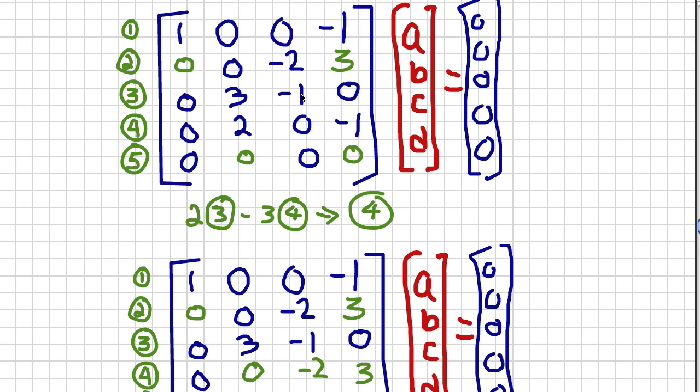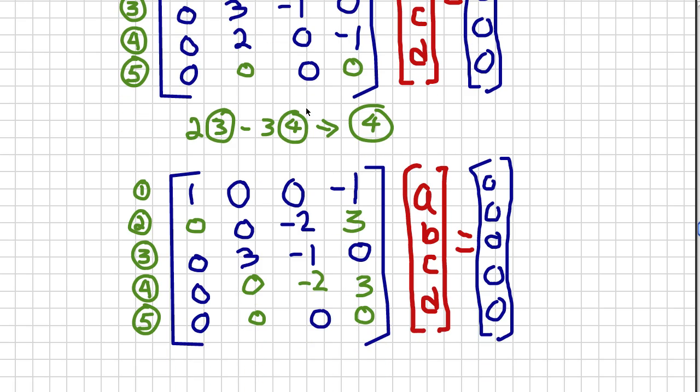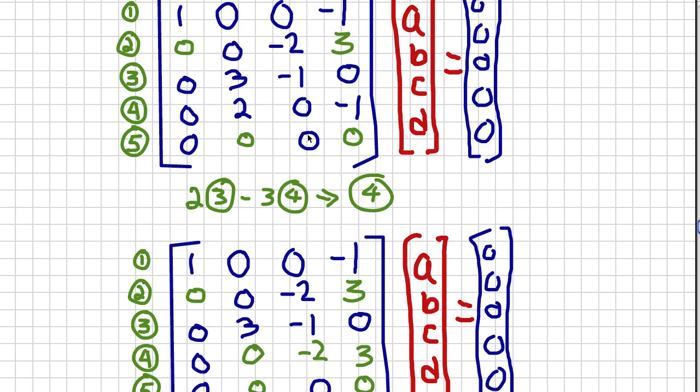Okay, 2 times negative 1 is negative 2. I subtract from that 3 times 0, which still gives me negative 2. Then 2 times 0 is 0, and I subtract from that 3 times negative 1, which is negative 3. When I subtract the negative 3, that gives me a positive 3.